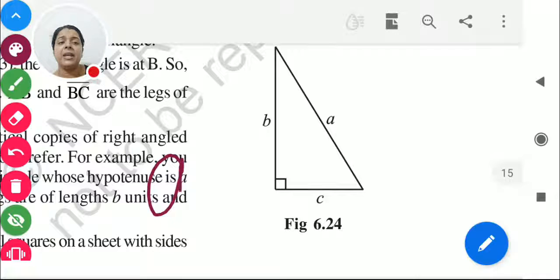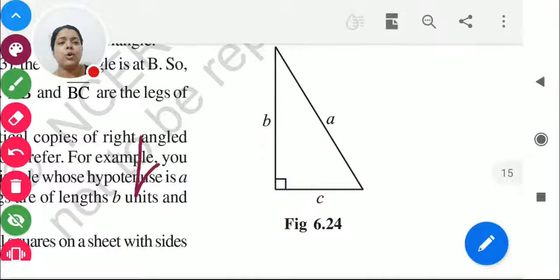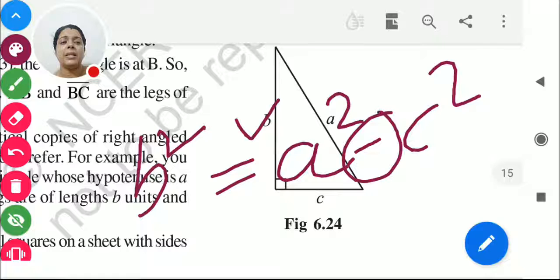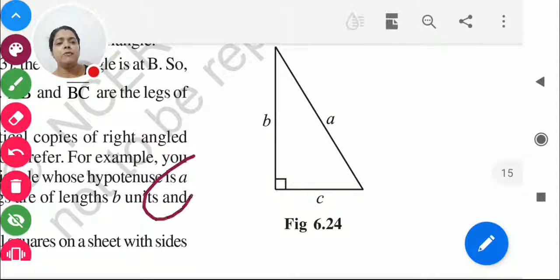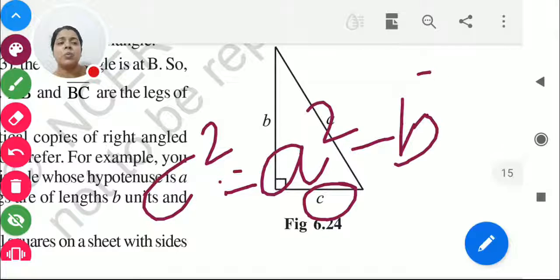If you want to find out the hypotenuse, you need to just add the square of these two. But if you want to find out the length, the square of hypotenuse is greater than the rest, so you have to apply the minus. If you want to find out the value of c, here you will get a square minus b square, means you are doing minus over here.